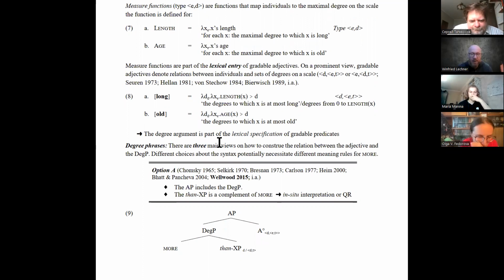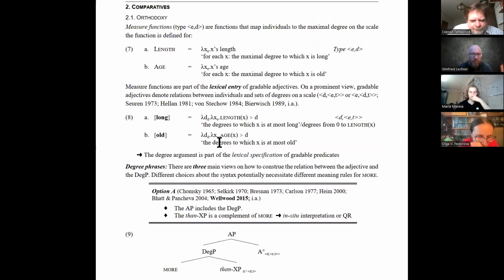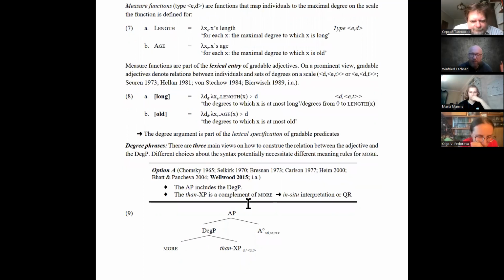So schematically, the first option that we have looks as follows. On that view, the adjective is the major projection, and it embeds a degree phrase, and the degree phrase is the host for the relation, the more, for instance, or the less, on the one hand, and the degree complement. I will give you the details in a second.